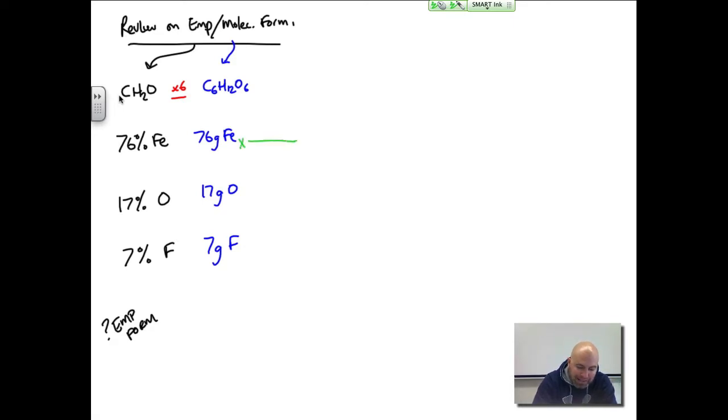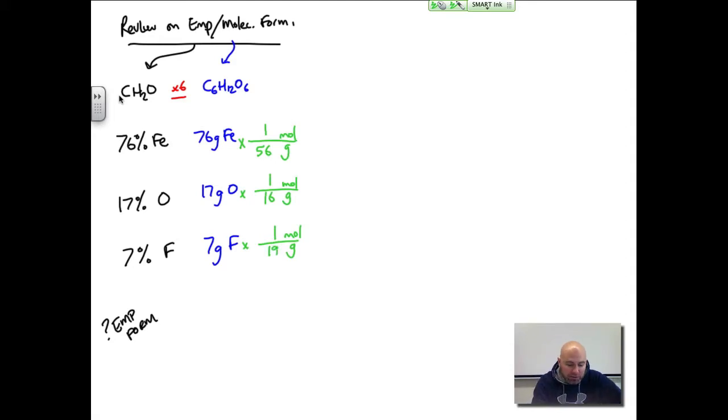So X line, X line, X line: grams to moles, grams to moles, grams to moles. Notice I haven't even thought about a number yet. I just want to think labels first. The number for moles is always 1. The number for grams, I need to look off the periodic table. For iron, it's 56, oxygen is 16, and fluorine is 19.